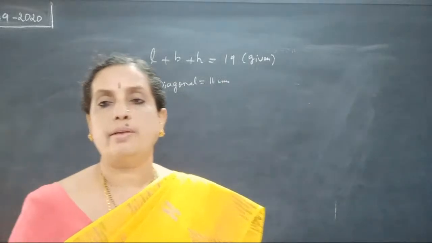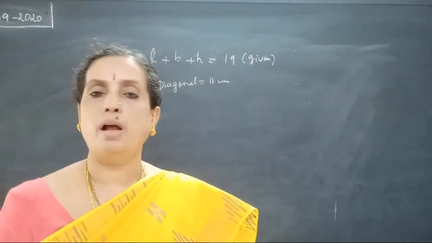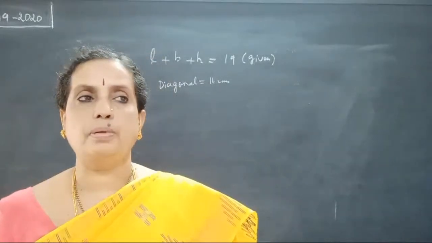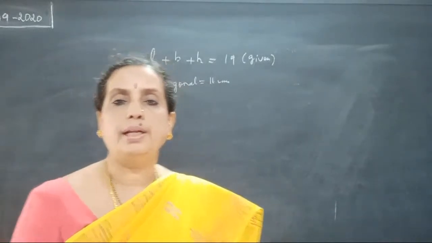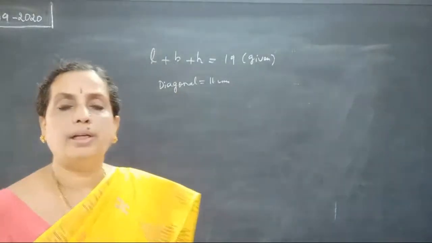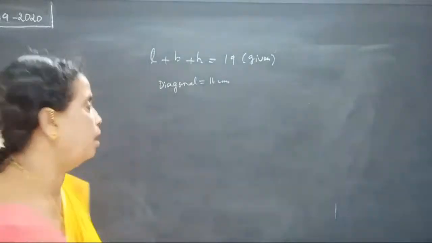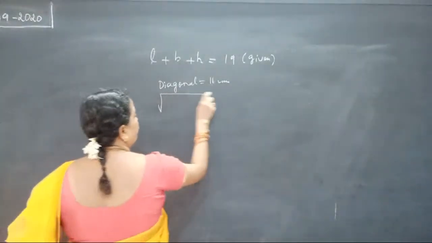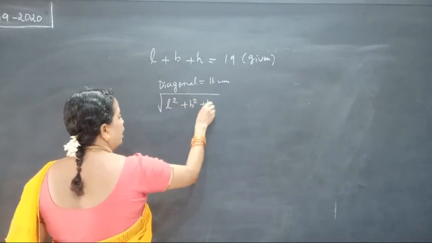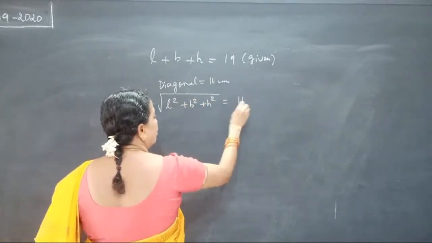For the total surface area of the cuboid, we have the formula 2 into LB plus BH plus HL. But here it is given diagonal of a cuboid. We know the diagonal of a cuboid. What is the formula? Root of L square plus B square plus H square equals 11.